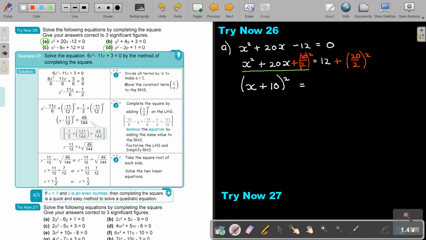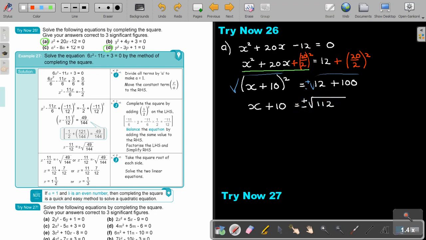And if I simplify this side, it's 12 plus, and this is 10 times 10, that's 100. So then I take the square root and the square root, and don't forget your plus minus. As soon as I take the square root, it's x plus 10, and that is going to be plus minus the square root of 112.